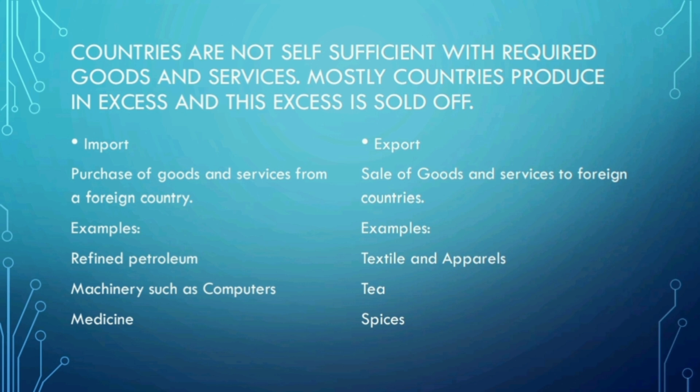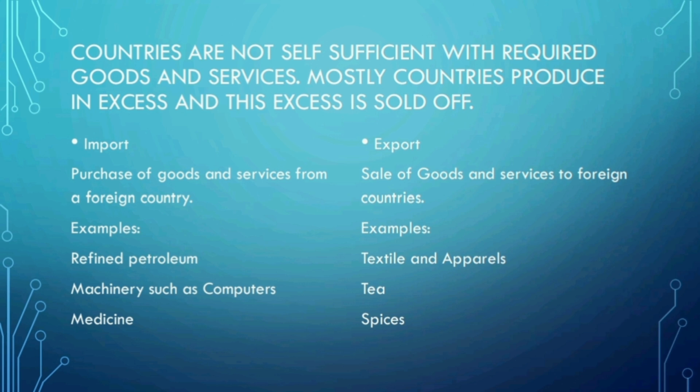Now we should know, why did international trade come into being? We were trading between people, we had the barter system, then we started using money. So why are we trading internationally? Countries are not self-sufficient with their required goods and services. For an example, let's take our soil. Our soil is good for tea plantations, coconut, rubber, spices, etc. But can we grow blueberries, blackberries, strawberries?